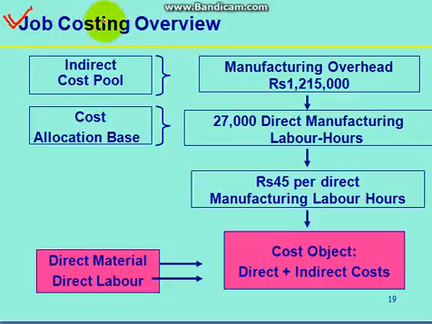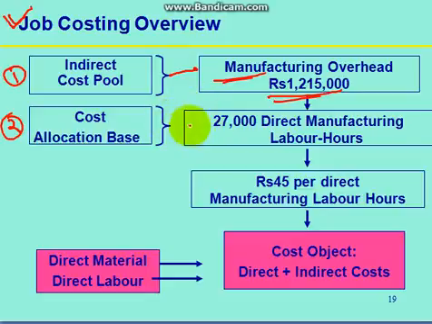Now what is job costing overview? First is about the indirect cost pool and second is about the cost allocation base. Now indirect cost pool is nothing but the manufacturing overhead cost, which is rupees 12 lakh 15,000.